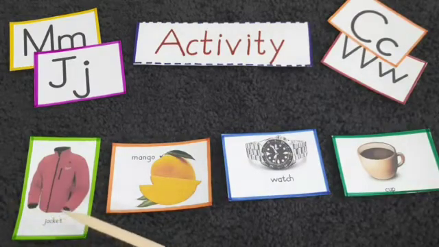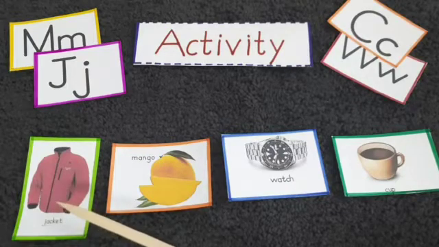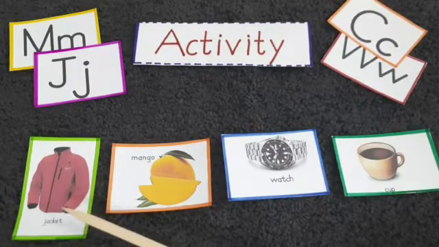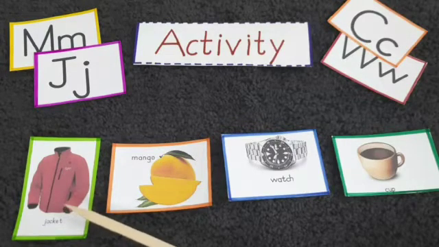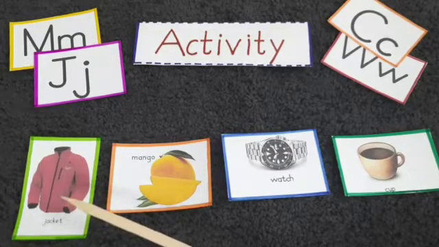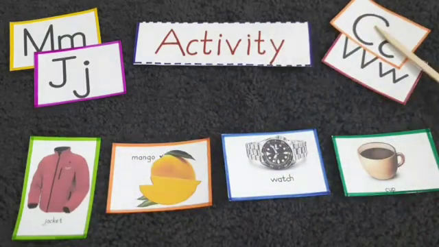Okay, so the first picture is of a jacket, right? Do you wear jacket to protect yourself from cold as winters have started? आप जैकेट पहनते हो, है ना? Very good. अब मुझे ये बताओ जैकेट वर्ड कौन से अल्फाबेट से स्टार्ट होता है? C for jacket?